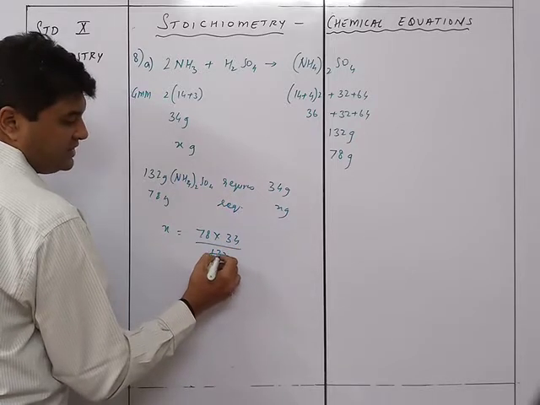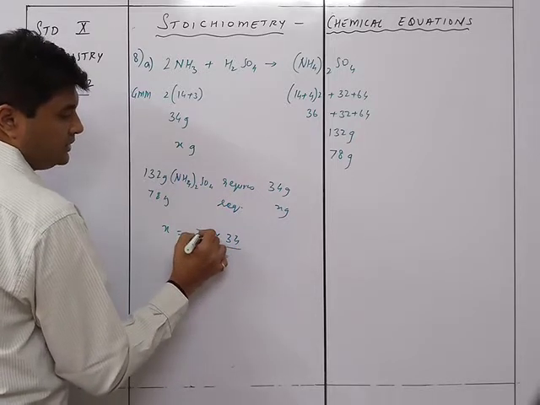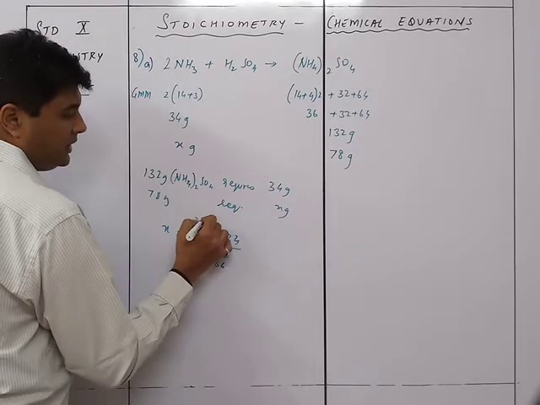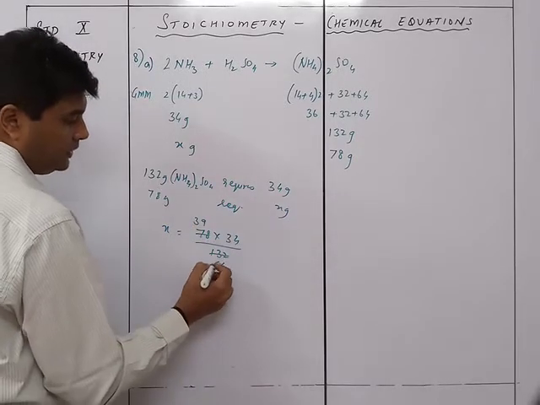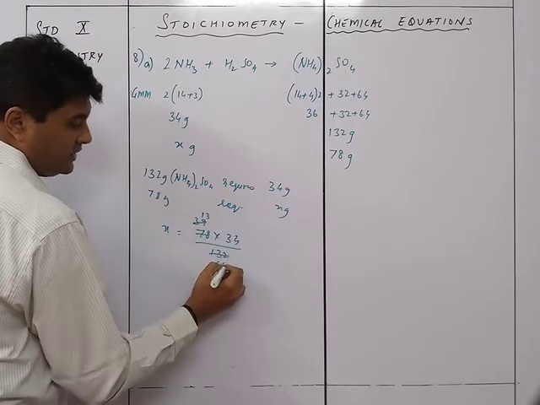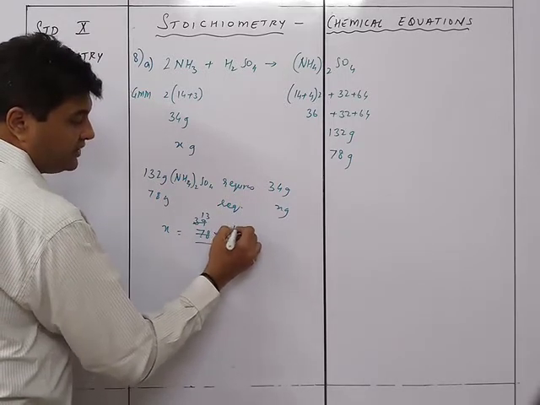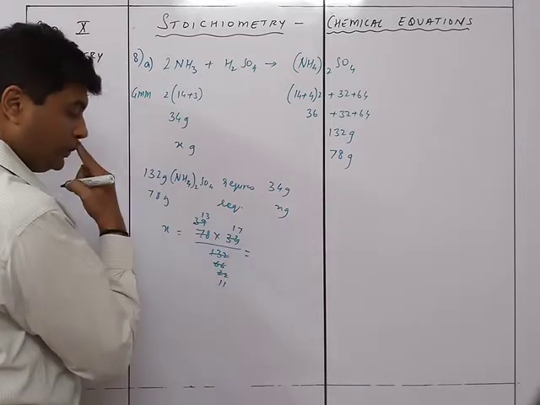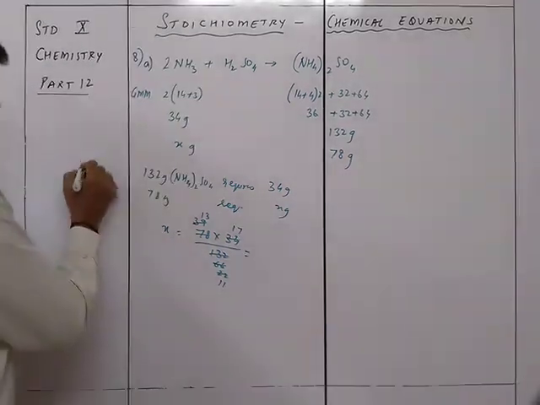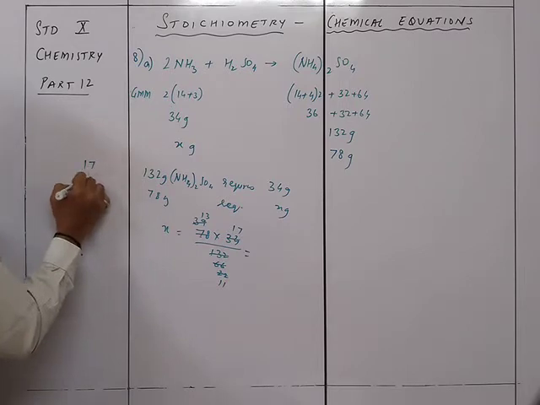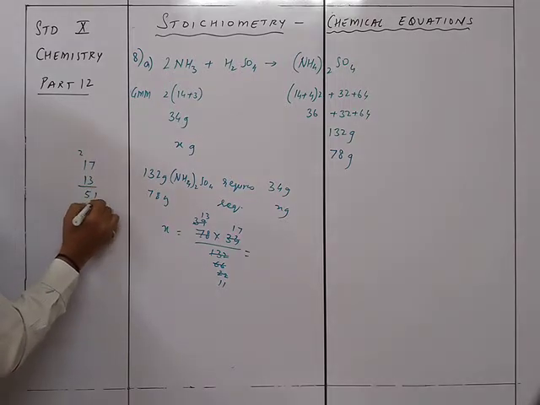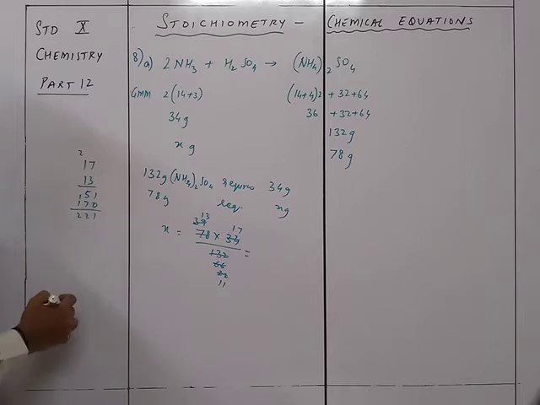This is 66. This will be 39. 3 13s are 39, 2 22s are 11, and this is 17. So that is equal to 17 into 13. So 221.